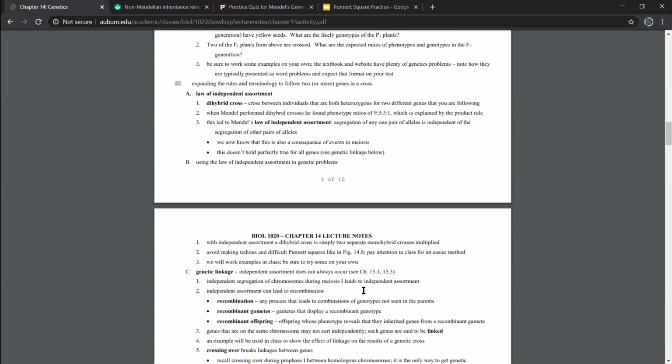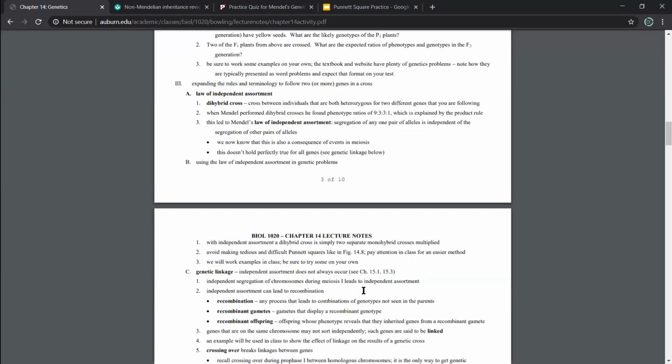What is the law of independent assortment? Pretty much, each gene is not what we call linked. A linked gene is when two genes are on the same chromosome, so they can be inherited together. We're not going to talk about gene linkage; you don't need to know about that.